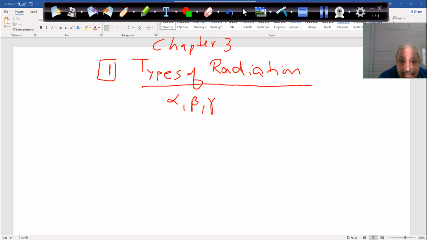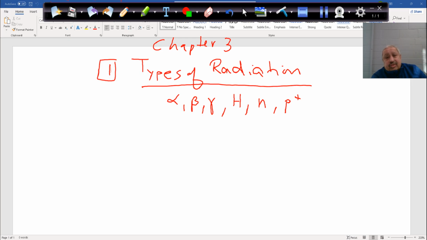And we have proton, we have neutron, correct? So we have proton, neutron, and positron. So those are 6 types of radiation. And that's very important to know that we have 6 types of radiation.